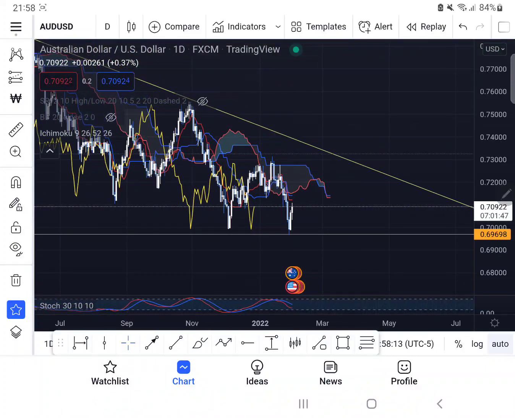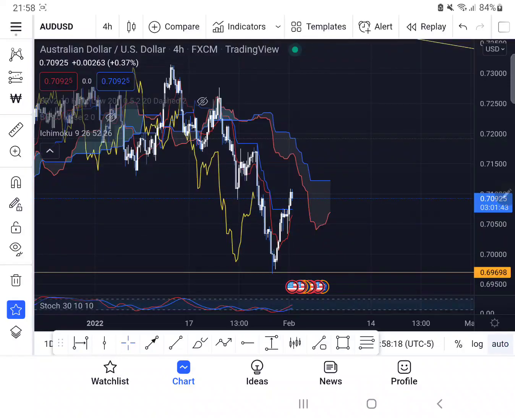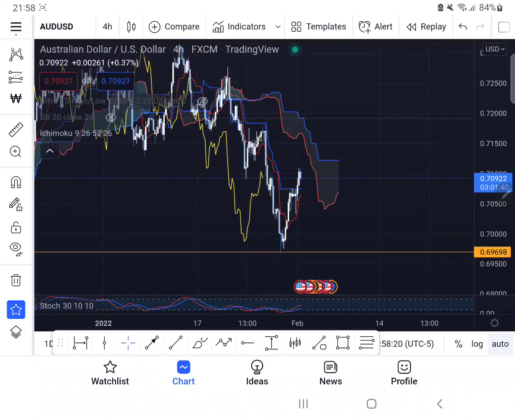Okay, how about the 4-hour time frame? The bigger time frame tells you the price is also moving back to the cloud again, but the thickness of the cloud is not too much.